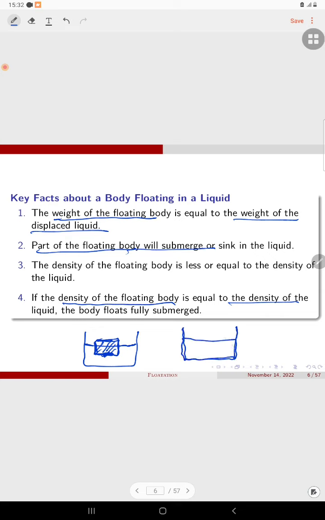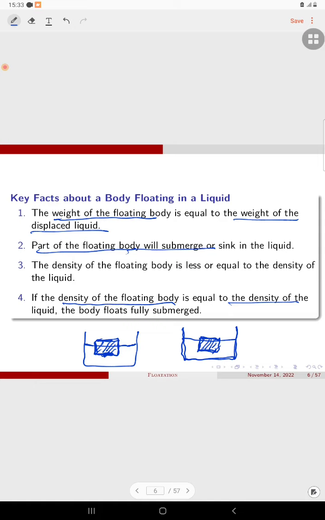Sometimes you put a plastic container or a plastic bucket in water and you see that it is fully submerged. You have a very tiny portion showing up on the surface. These are very important facts we should take note of before we continue from here.